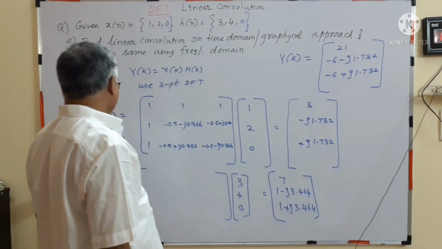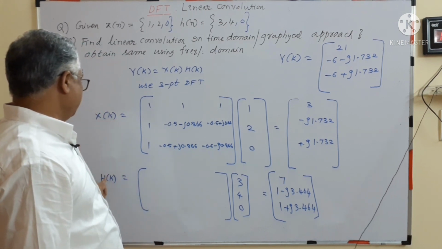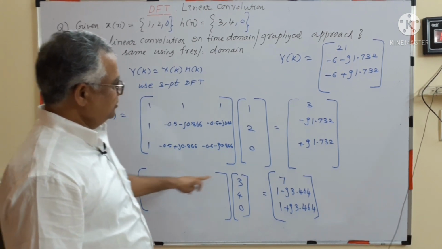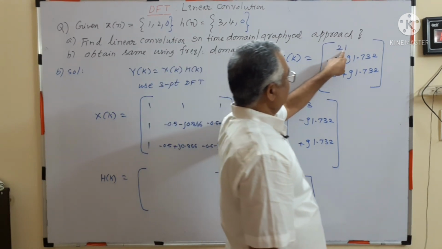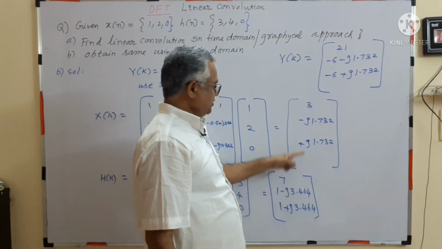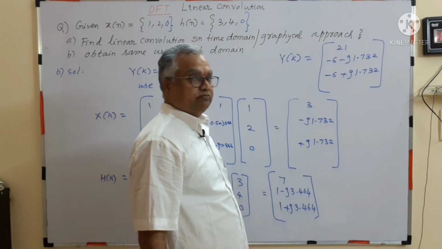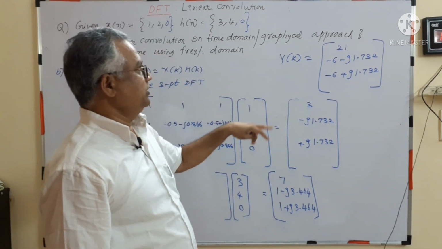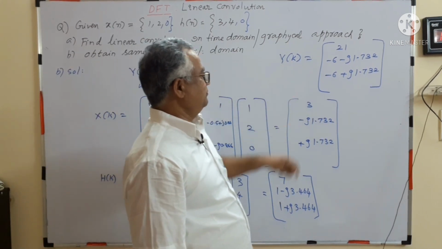Y of 0 is nothing but x of 0, h of 0. So 7 into 3, 21. Like that, this into this multiply, this into this multiply. You get the answer y of k.